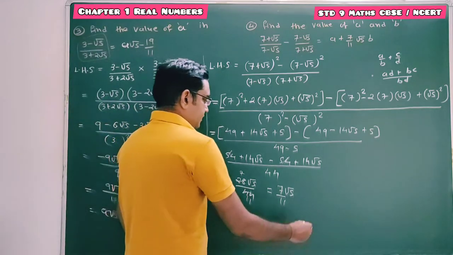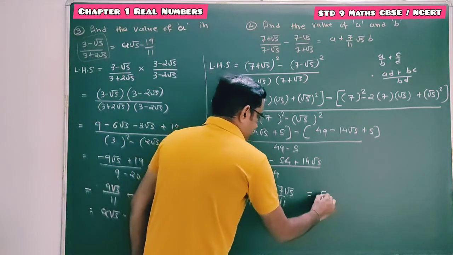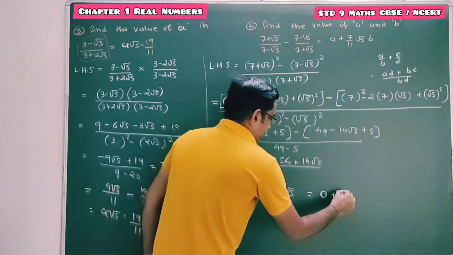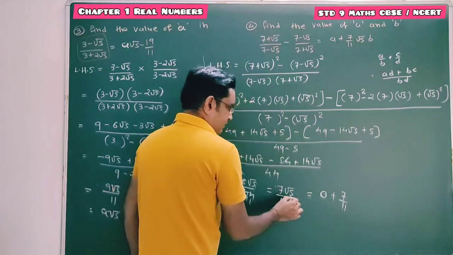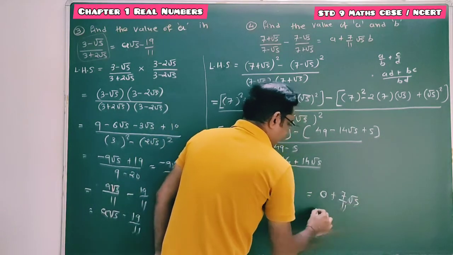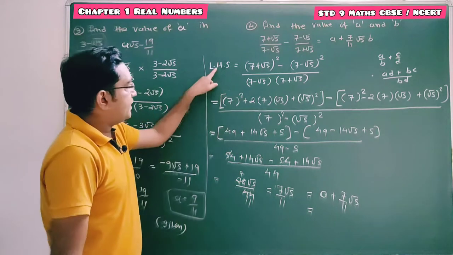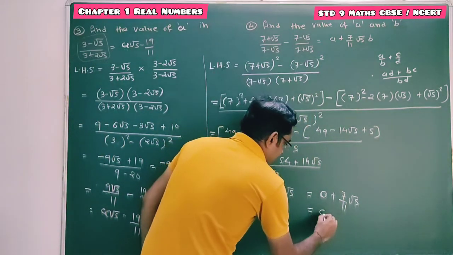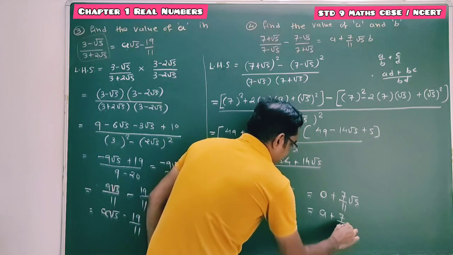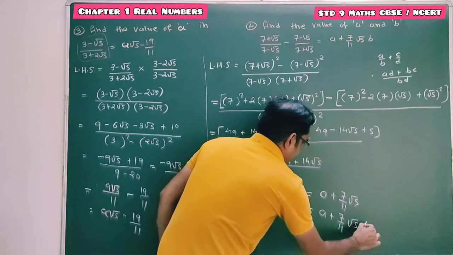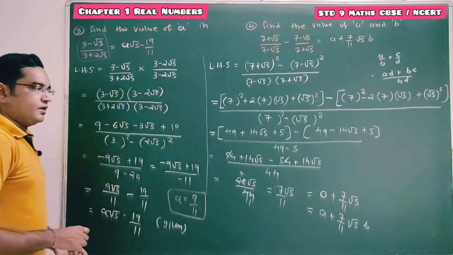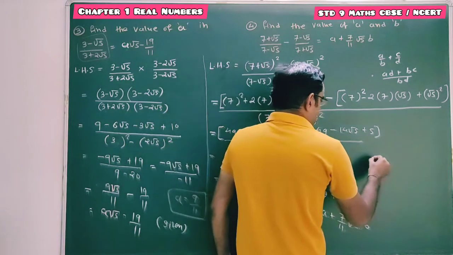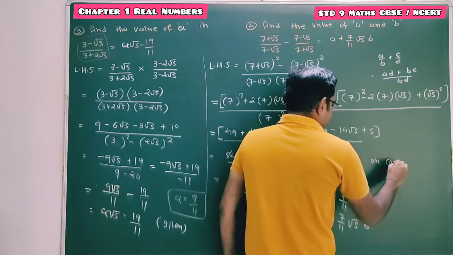So here this can be written as 0 plus 7 by 11 root 5, and compare this simplified left hand side with the given right hand side. The given right hand side is a plus 7 by 11 root 5 into b. So what are the values of a and b on comparison?